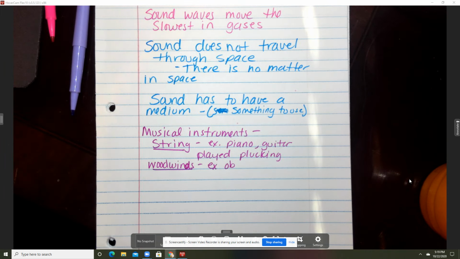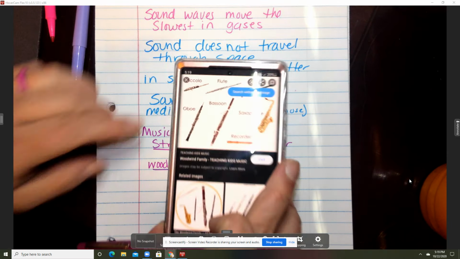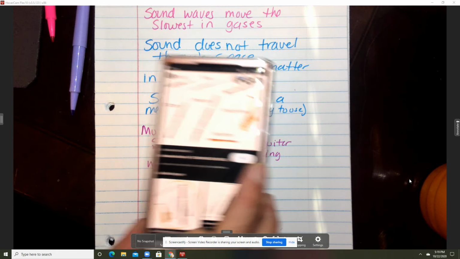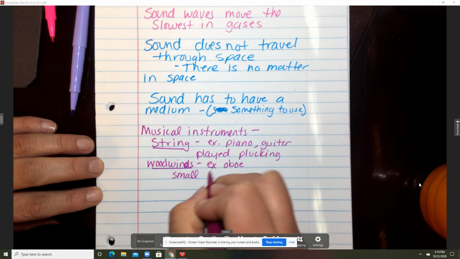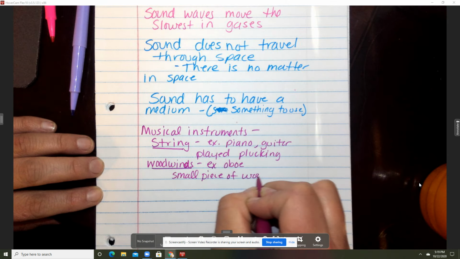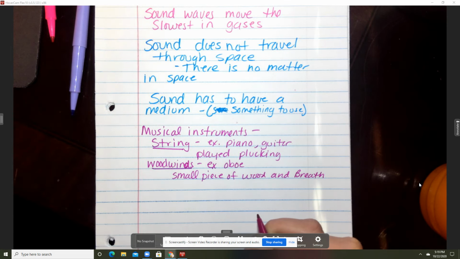So there's a little piece of wood, and you have to blow through the instrument. They use a small piece of wood and your breath. Okay, and that's how that makes the sound. The vibrations of your air blowing off the wood.